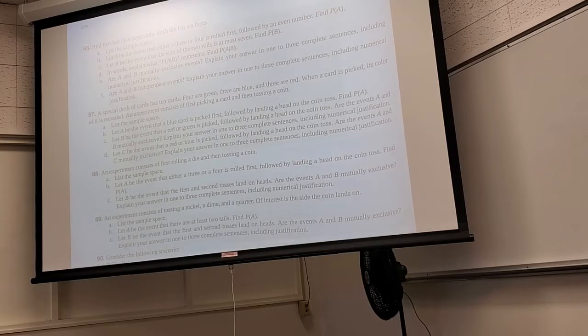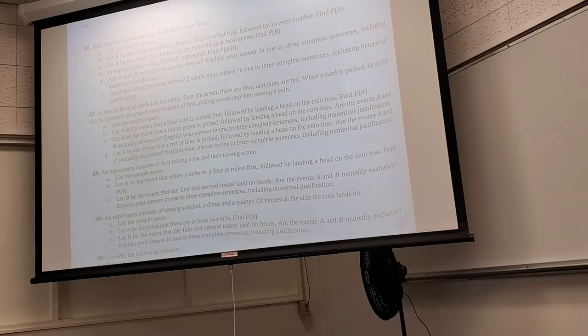Let A be the event that a 3 or a 4 is rolled first, followed by an even number. What is the quick way to find the probability of that happening? If you knew how many total things happened, and you can count how many things match what you're looking for, you just do the ratio of those things. That's why they want you to make the sample space, because then you can answer that probability question easily. You just count everything that does that, divided by 36 things. Yes? Okay.